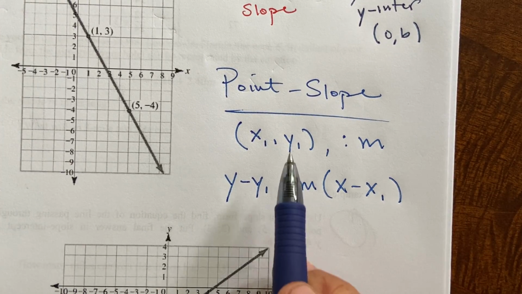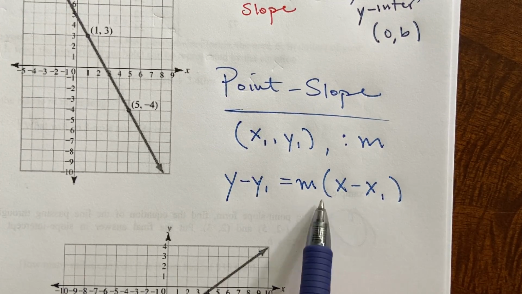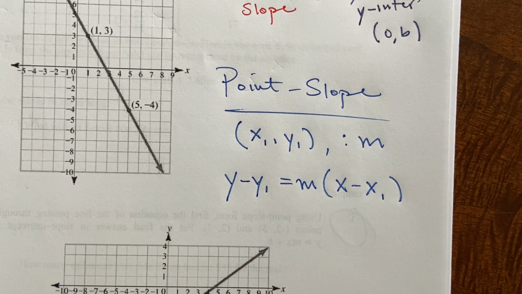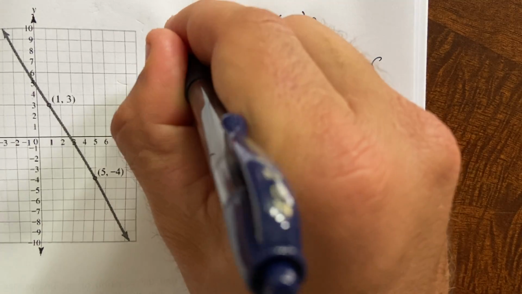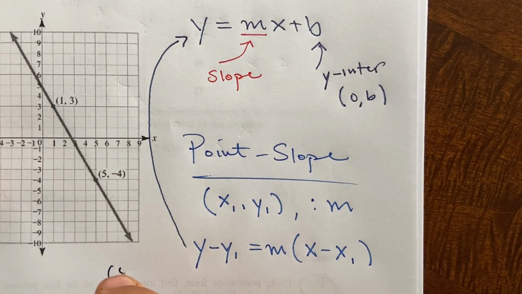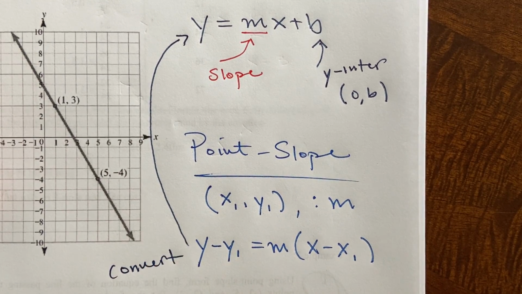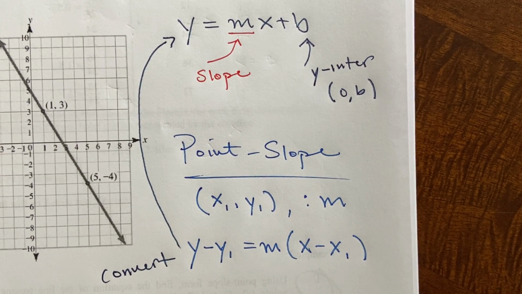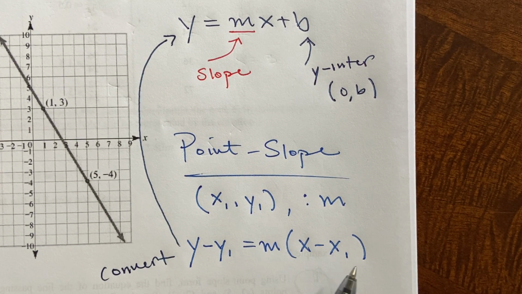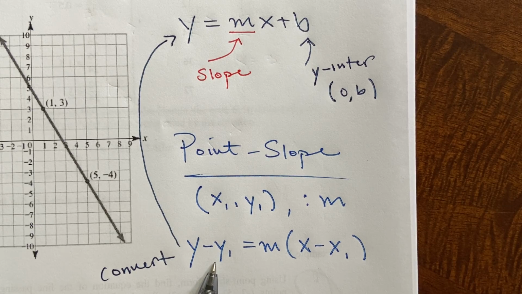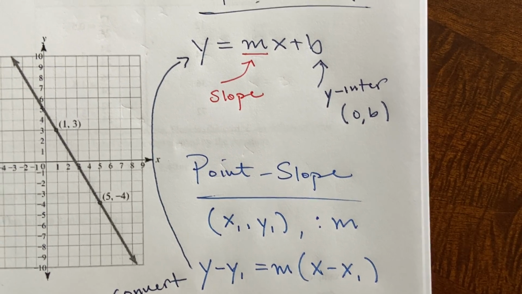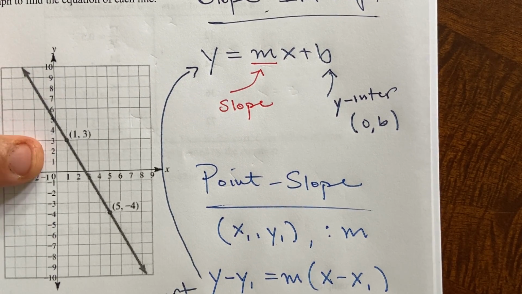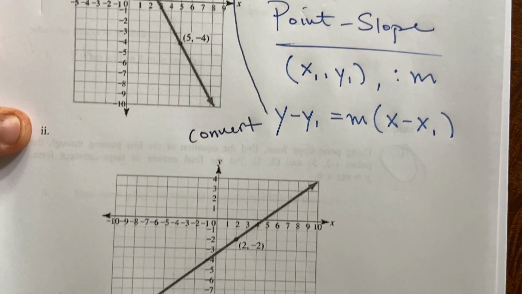If you're given a point and a slope, you can just write down the equation, and then you can always convert this to that, and you often want to. That's kind of why this one is almost obsolete, because we often do want the slope-intercept form, and we can always convert it. So I've run out of room on this one. I'm going to go down and do part 2.